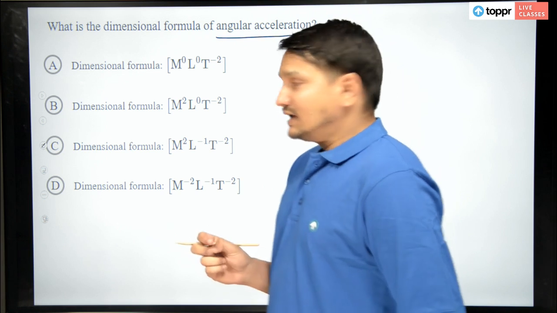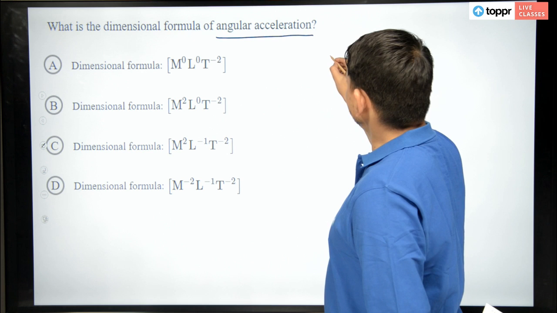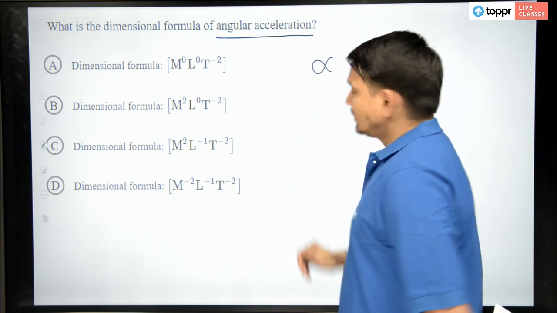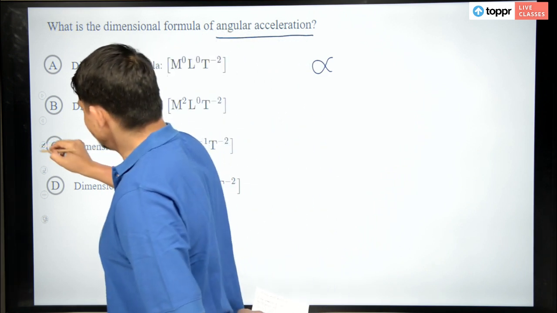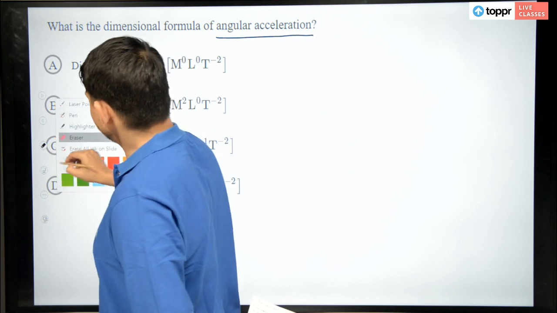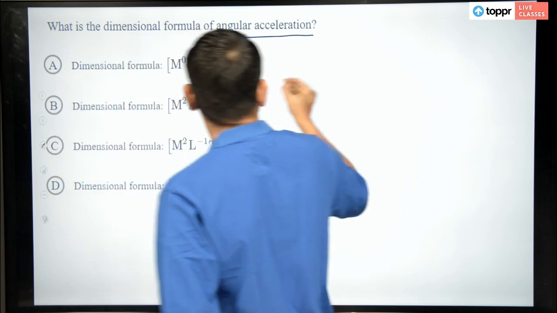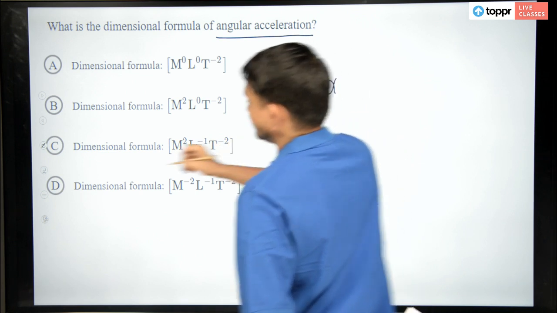If you go to the formula, angular acceleration, commonly shown as alpha. I think I have not written it properly. Let's write it.